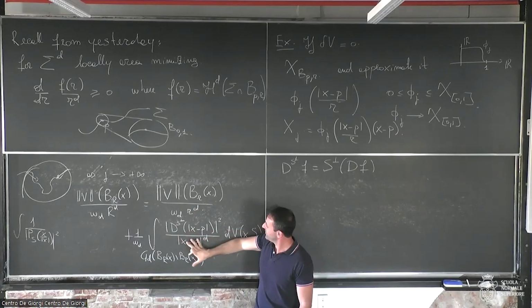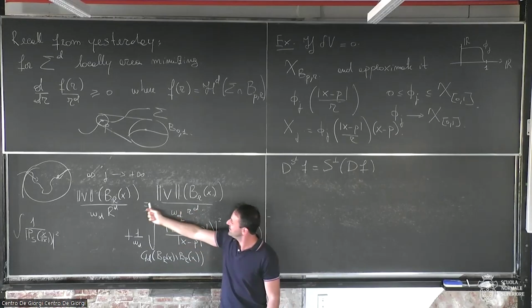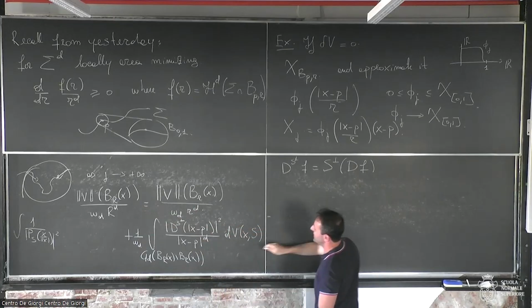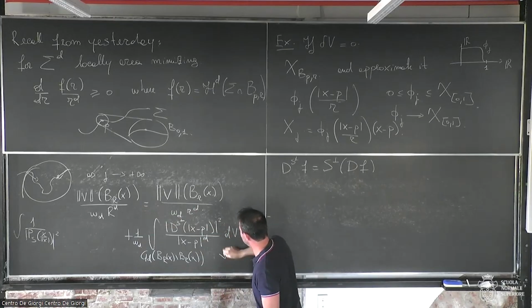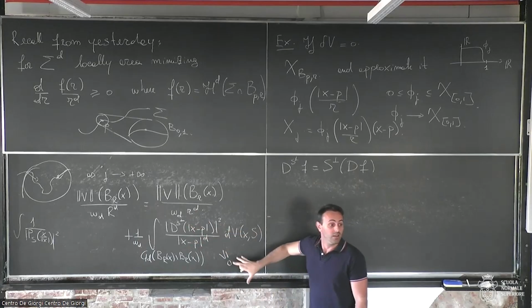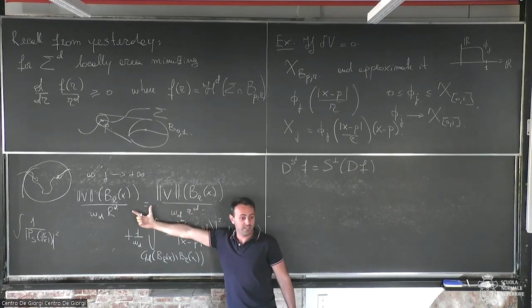So you see this guy, let me observe precisely that this quantity here is bigger or equal than 0, right? Because it's a square. In particular, this gives you the monotonicity of this quantity.